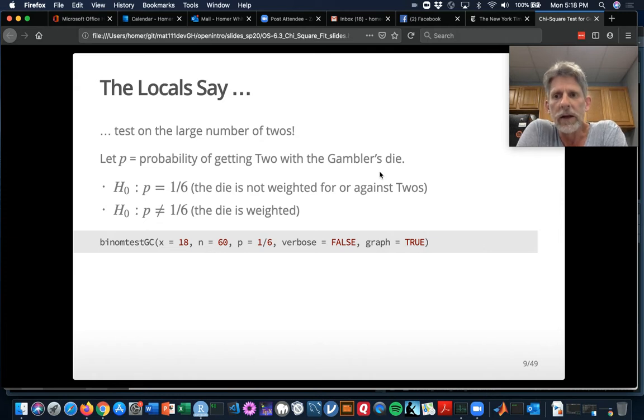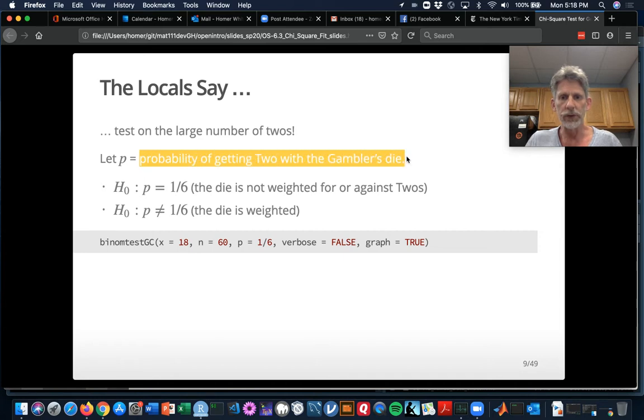And they say, hey, let's do a little test of hypothesis here using our chapter 6 knowledge that we've just acquired. After all, there's a single proportion at issue here. It's P, the probability of getting 2 with the gambler's die.